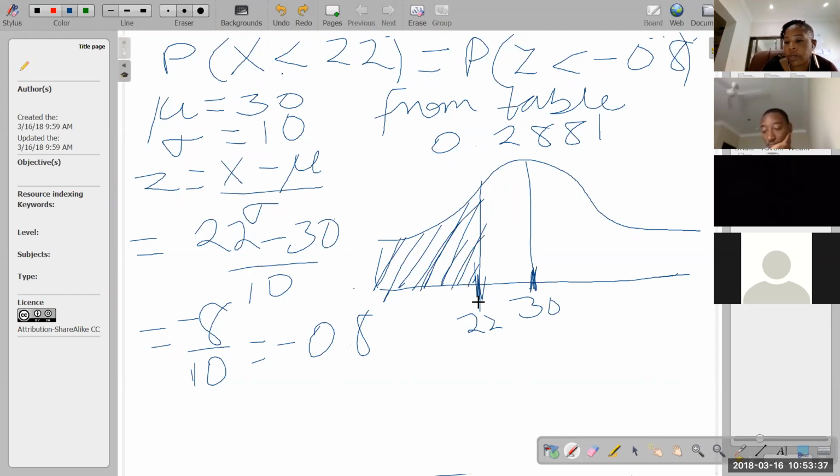Do you all agree with me? From 30 to 22, from the table we get 0.2881. Do you all agree that it is from 30 to 22? Do you all agree? Nobody's answering me.